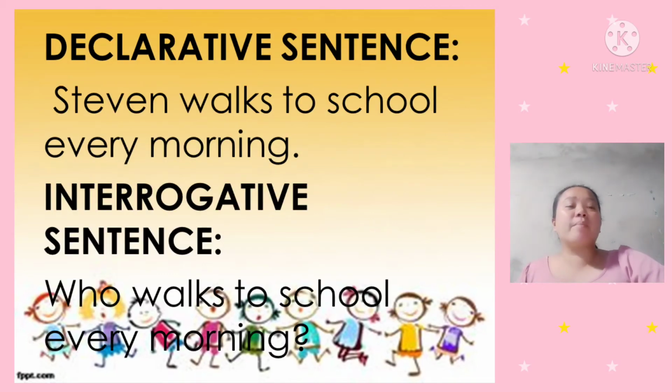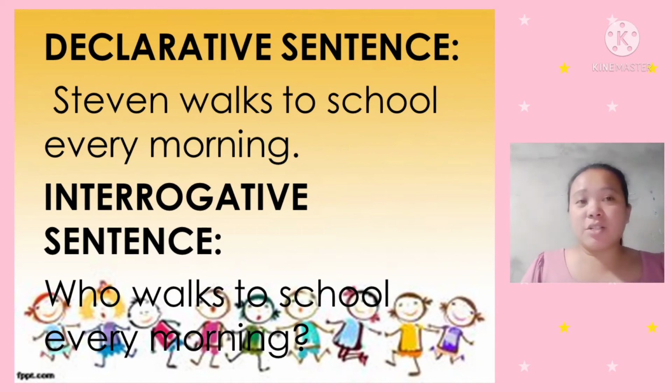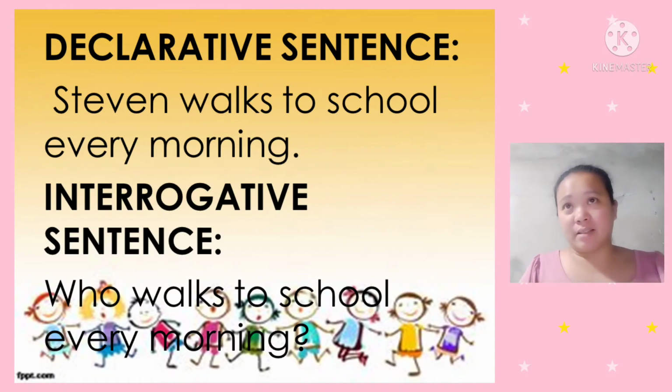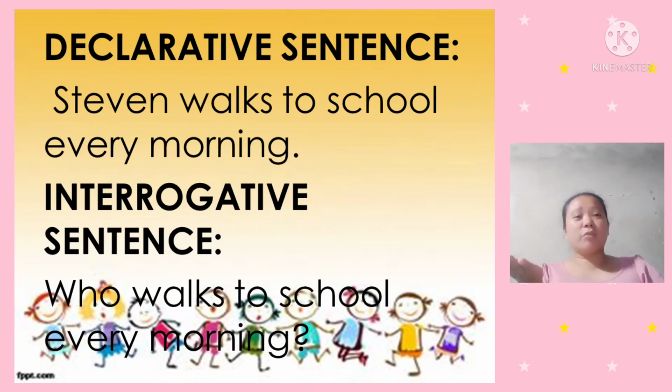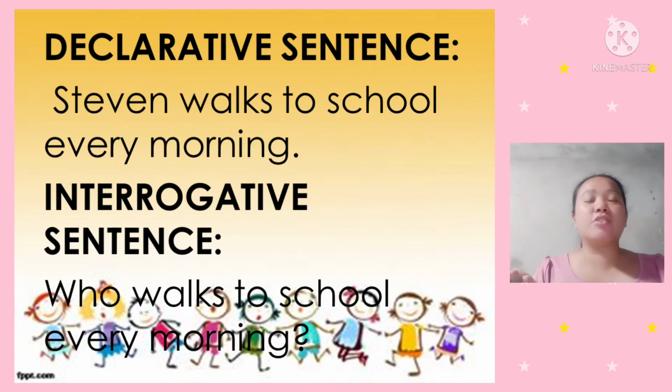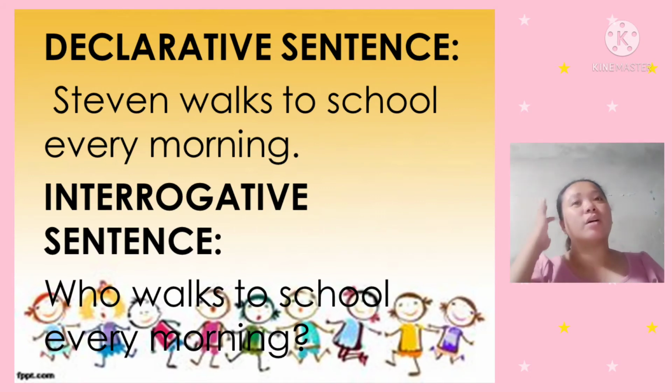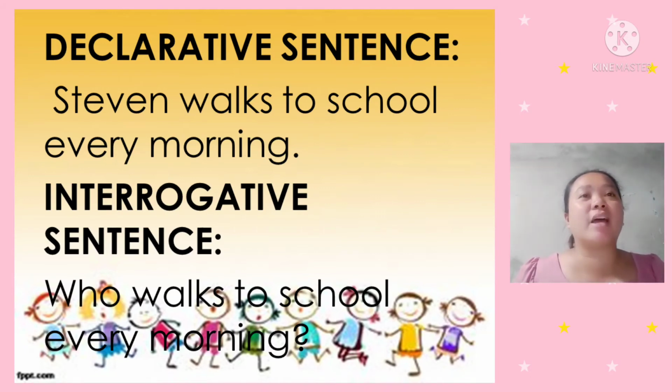Okay, so remember this one: from a declarative sentence, we are going to change it into an interrogative sentence. So for your exam, you have something like this. I will give the declarative and you will write the interrogative. Okay po? For declarative, we have: Steven walks to school every morning.